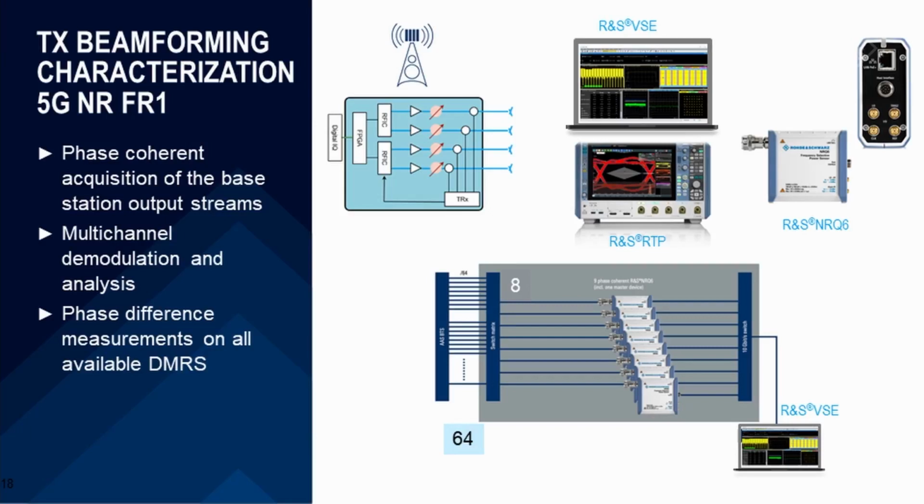Here we have one NRQ as master for reference, and then the remaining as slaves for measurement. This setup can be extended to measure up to 64 streams. And the VSE software also measures the phase difference on all available demodulation reference signals.